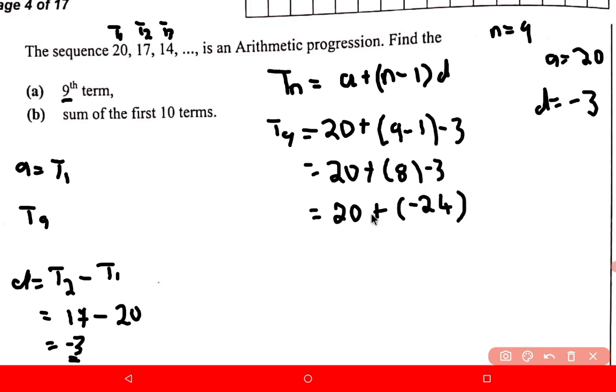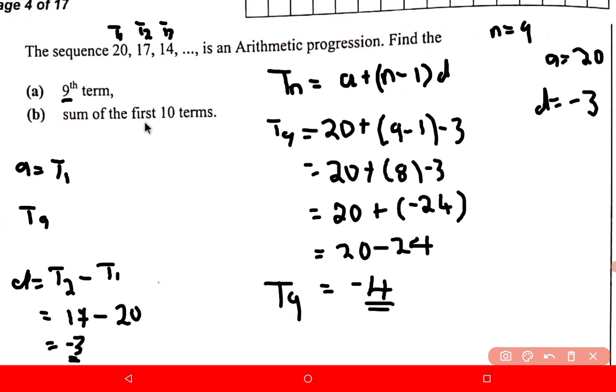Remember, positive and negative multiply, but the answer will always be negative. So you get -4 as your answer. So this is your ninth term, -4.